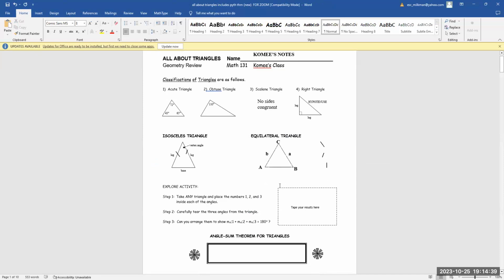Now, one of the first things you were supposed to do after you wrote your squared numbers down before you came into lecture was to make a triangle. So I'm going to stop sharing my notes for a second. What I had for each one of you for class today was triangles to give each one of you.